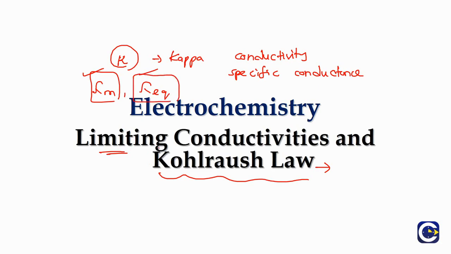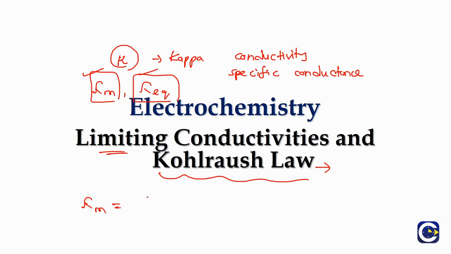Equivalent conductivity is conductivity because of 1 equivalent of the electrolyte particles. So if you want to compare electrolyte 1 and electrolyte 2, then it is better to use either the molar conductivity or equivalent conductivity values. So this is the background we have covered, and we even saw the formulas for lambda m and lambda equivalent. So I hope you guys have gone through that video.